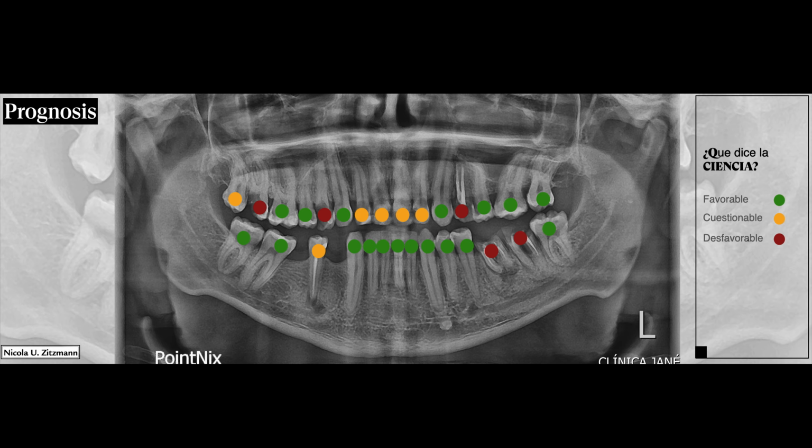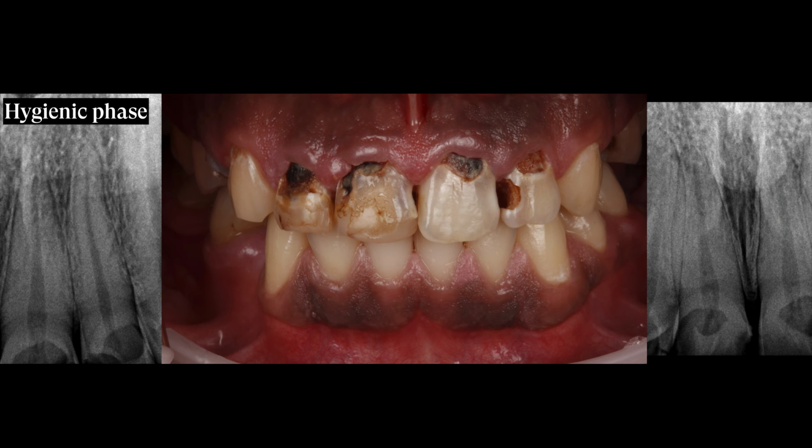So the main problems here, if you see, are this one. 2 to 2 are the ones that we really need to define if we can keep them in mouth or we have to extract them. So, which starting point do you recommend?